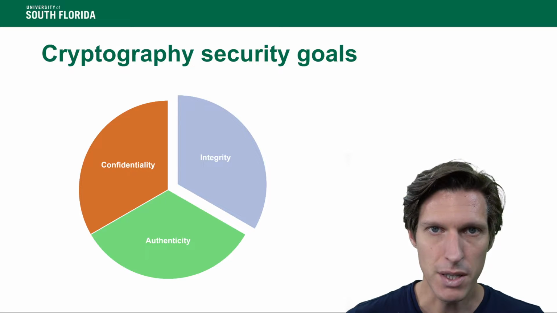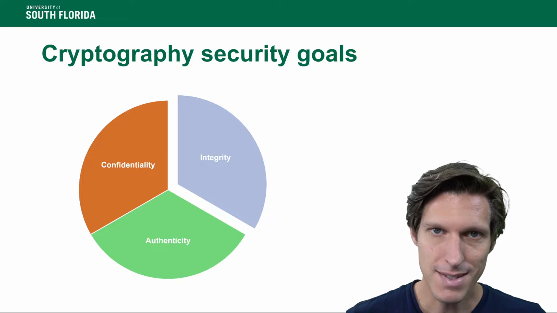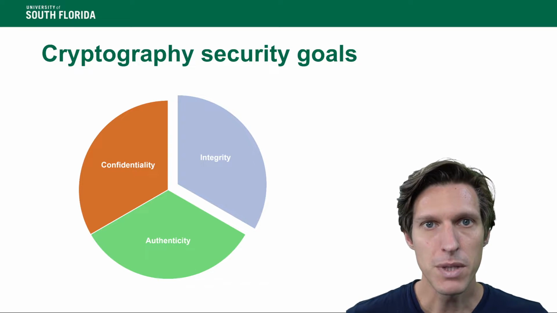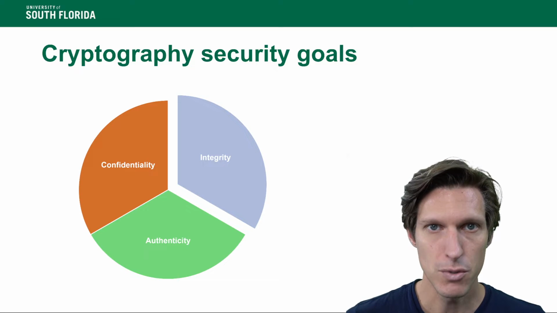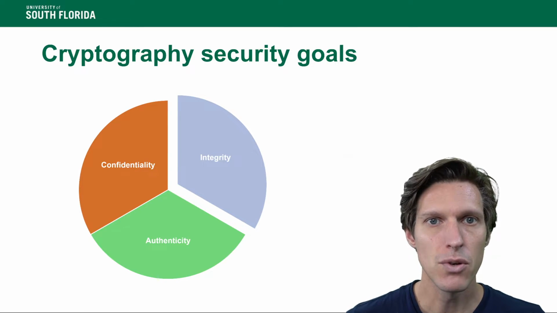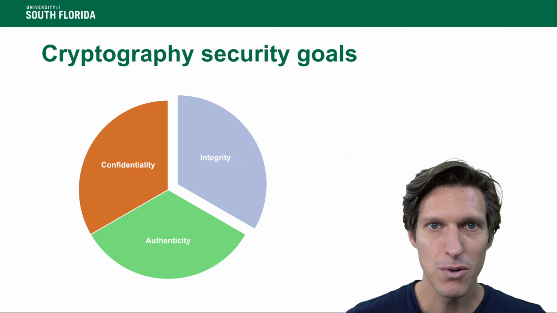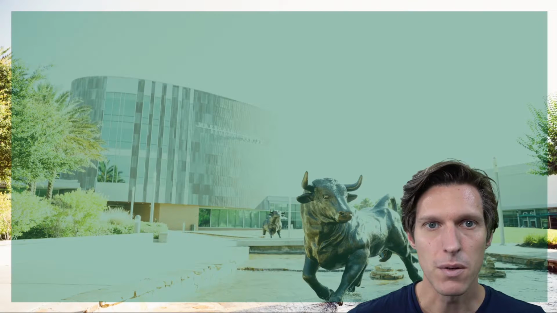Then integrity still means that the data is what you think it is. And then authenticity means that the people who send you messages are who they say they are. So the data is coming from the people that you think are supposed to produce that data. Okay, so we don't solve all the cybersecurity problems with cryptography. I think that's really the takeaway here.